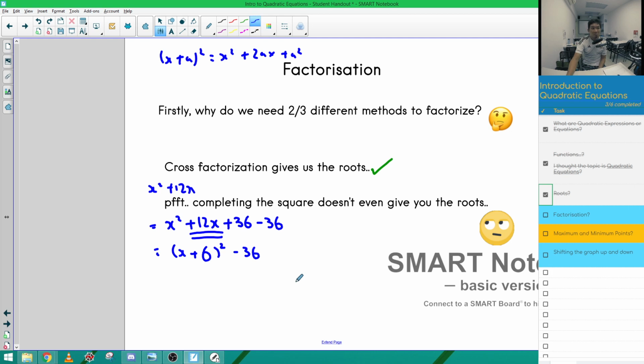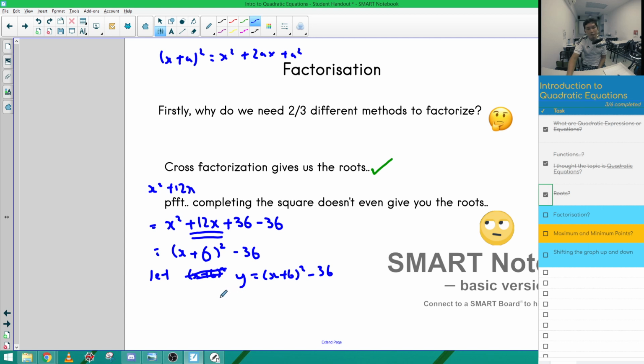Completing the square doesn't tell us about the roots. So if I want to find the roots, how do I go about that? Let me say let y equal to this first, and then I can let the whole thing equal to 0.